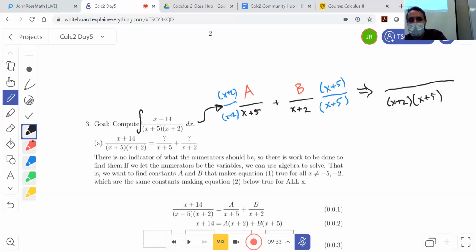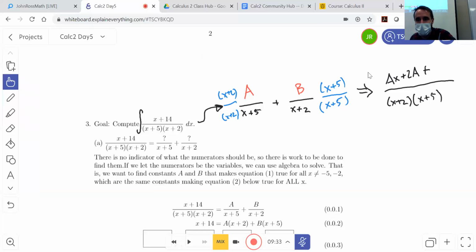And in the numerator, this A gets distributed across the x plus 2, right? So we end up with x times A. Maybe I'll write it actually as A times x. So the A gets distributed, we get Ax plus 2A.